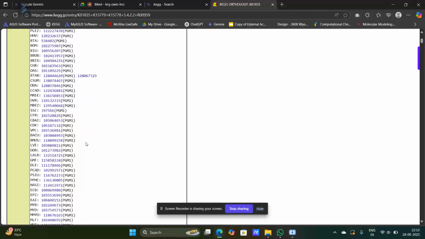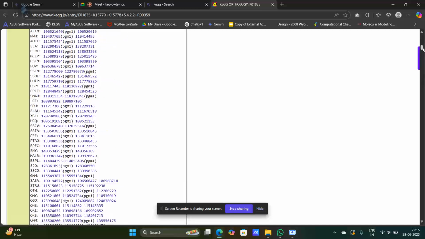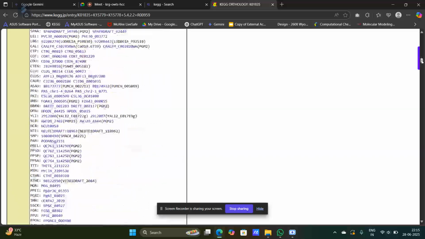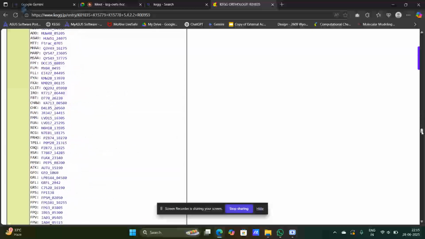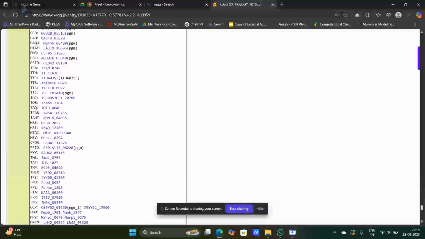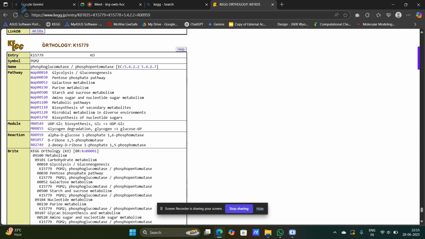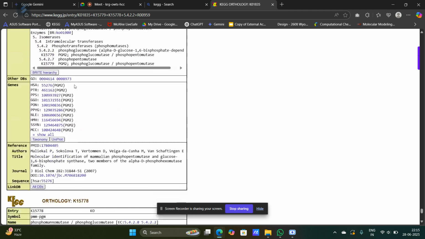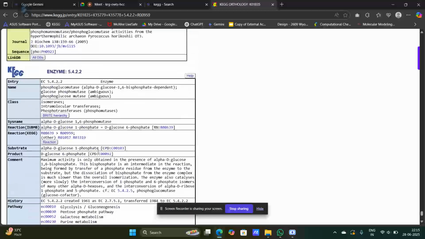Okay, now if you scroll down, you can see a lot of genes listed. Again, you have different orthology related information, I think more than two or three orthology related entries.